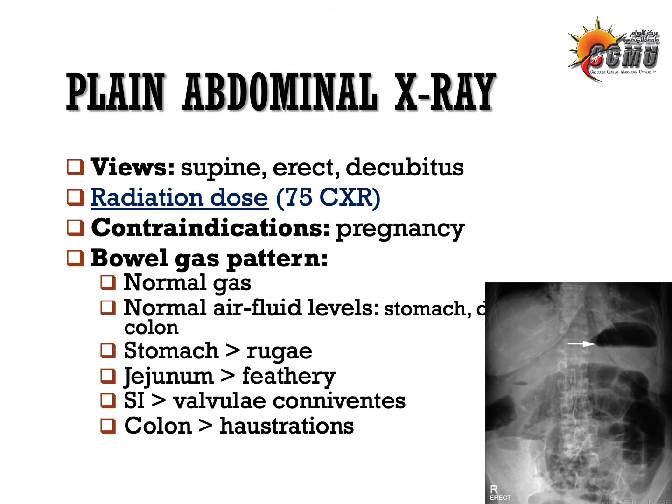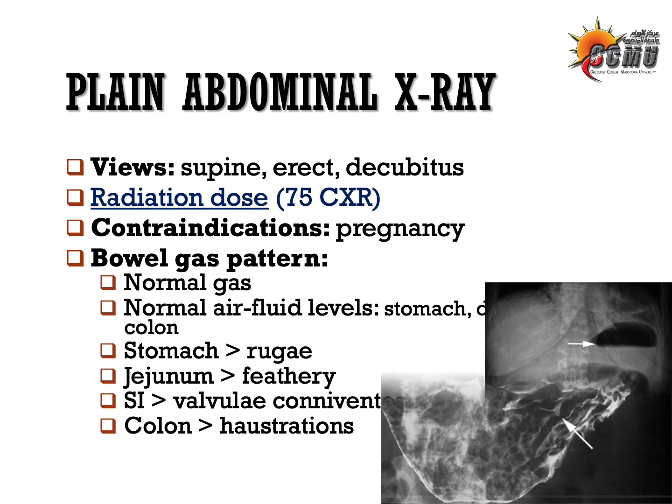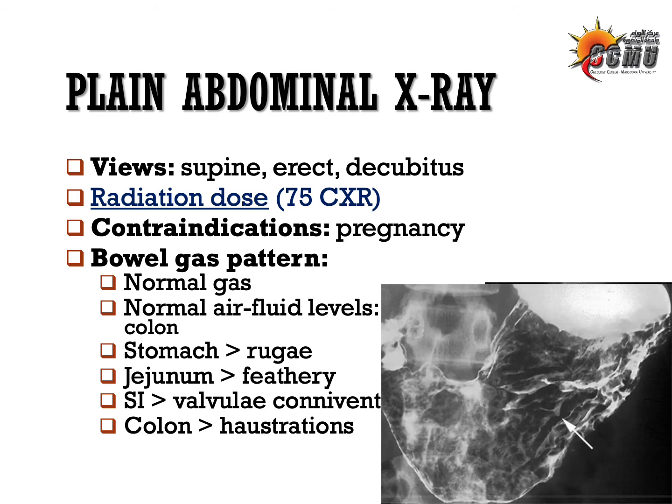As regarding the center, for example, in this film, there is gas in the small intestine filling the lumens of the small bowel segments, and that's normal. Sometimes when you have an X-ray of the abdomen with a dilated stomach, the rugae of the stomach might be present, and that's normal.